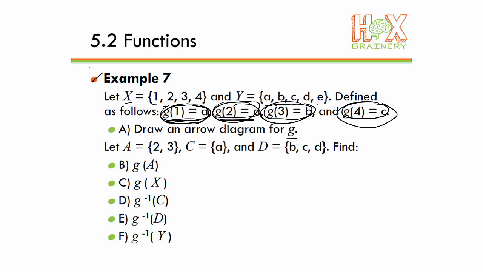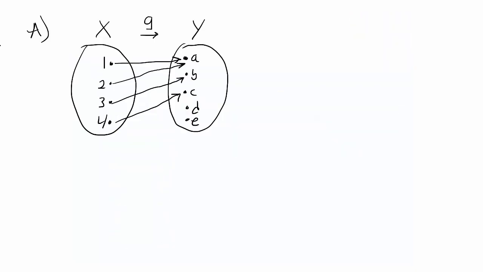Okay, that's part A. And then we're going to let A here, capital A, be the set containing elements 2 and 3. C is just a set containing the element lowercase a. And D is the set containing the elements B, C, and D. We're going to find each of these here. So what is G of A?